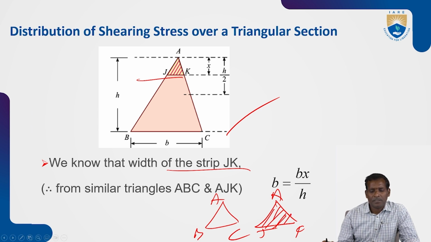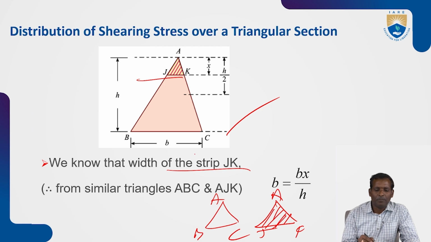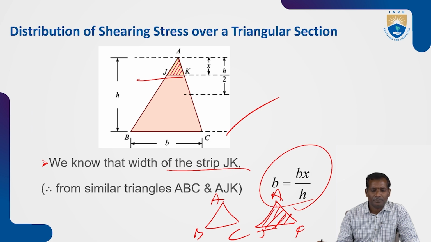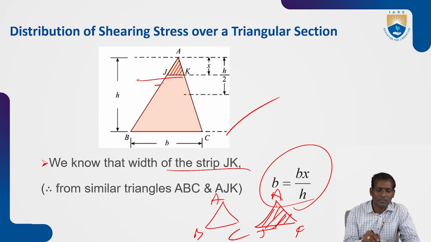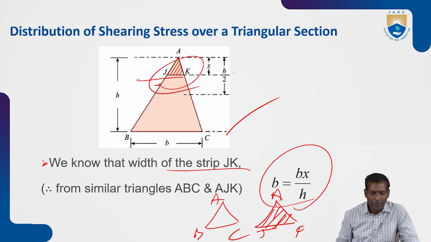So the width is B into Bx by H. The width of the strip is this portion, the JK portion.